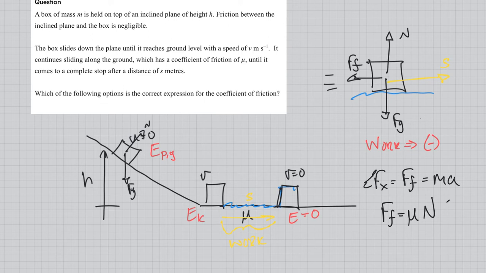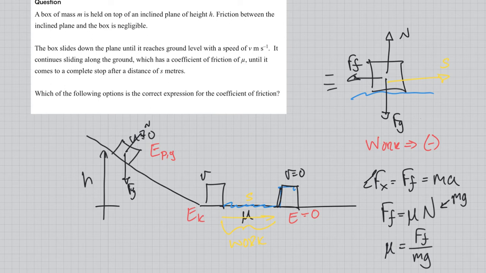In this case, we know the normal force is going to be mass times gravity. So our coefficient of friction is going to equal my frictional force divided by my mass times gravity.